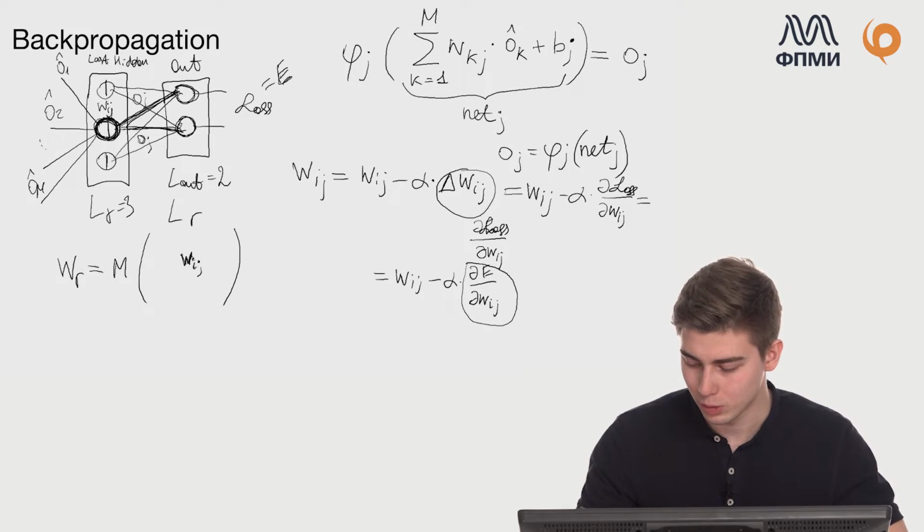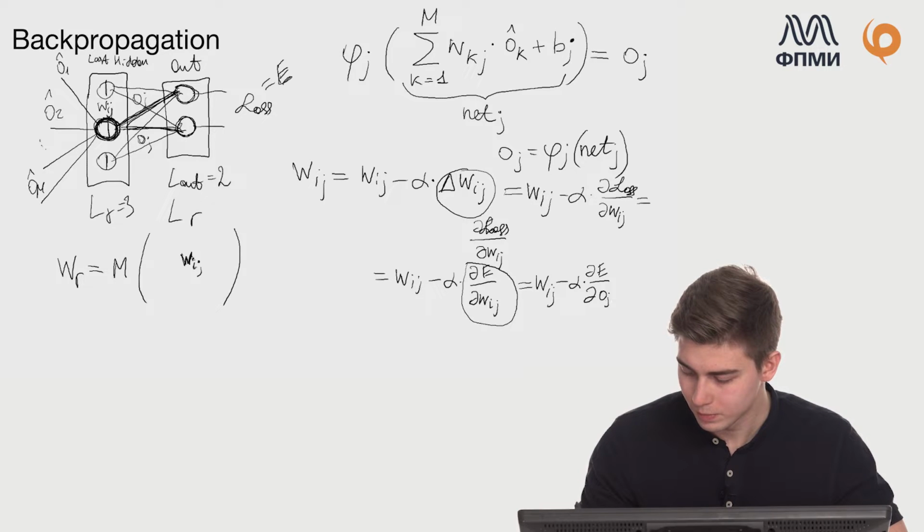Keeping this in mind, we can write the following expression: the partial derivative of E with respect to O_j, multiplied by the partial derivative of O_j with respect to net_j, and this is multiplied by the partial derivative of net_j with respect to w_ij.